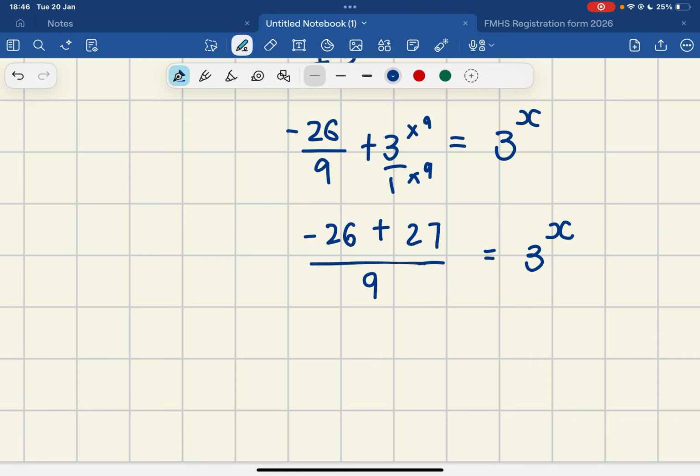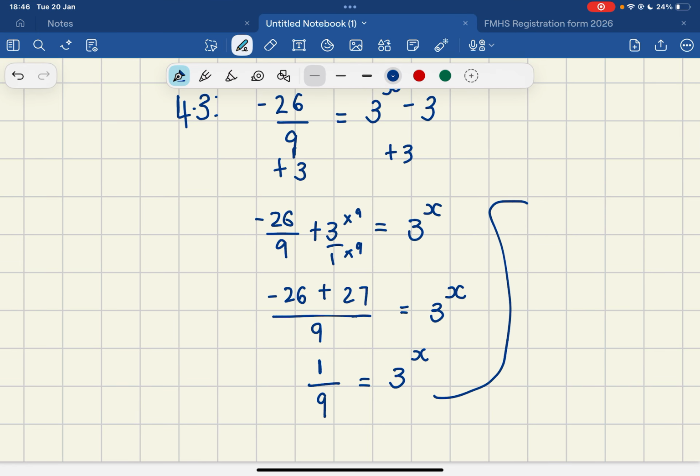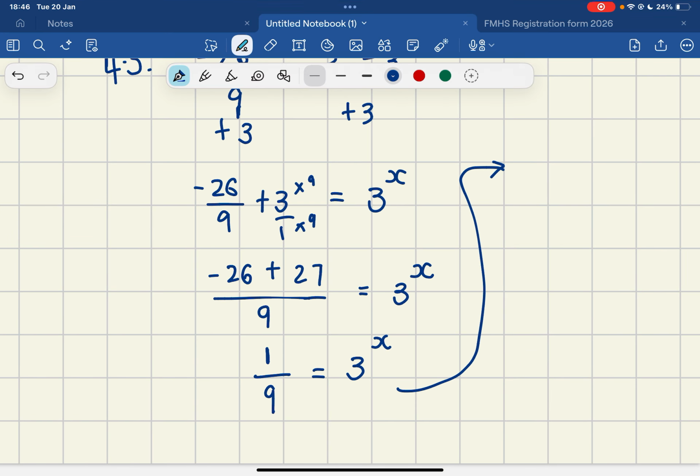That being said, we'd have a 9th, not even a third, equal to 3 to the x. But we know that 1 over 3 squared is the same thing as 1/9. And when we take this to the top, x is equal to -2.